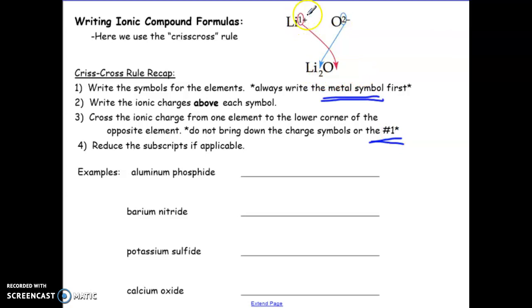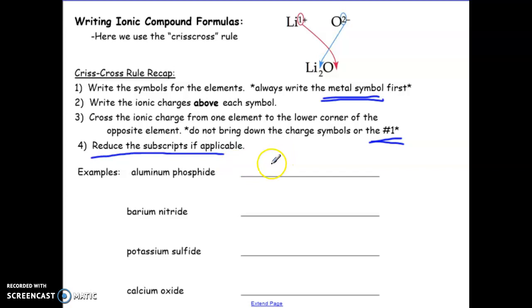The positive and negative is just there to represent the charge. What we care about is the number. And last but not least, if you are able to reduce the subscripts, you will always want to have the lowest numbers represented. So actually, I'll do this first example with you, and you'll see what I mean with that.